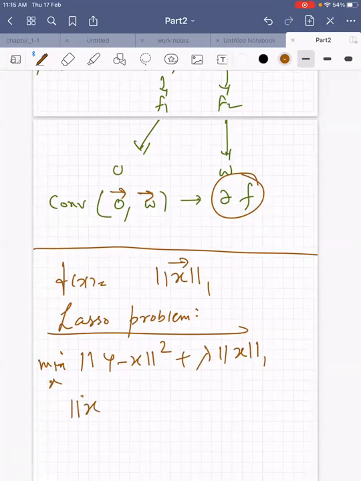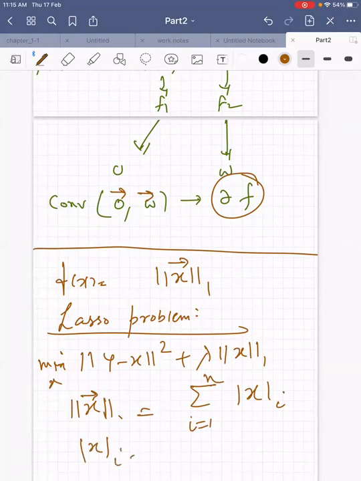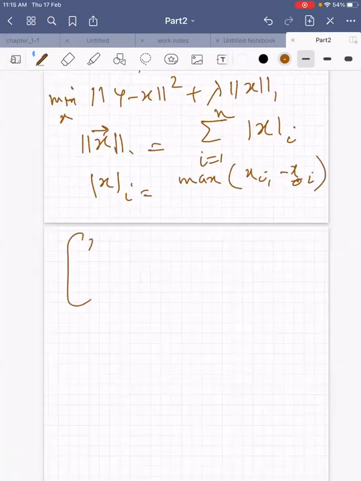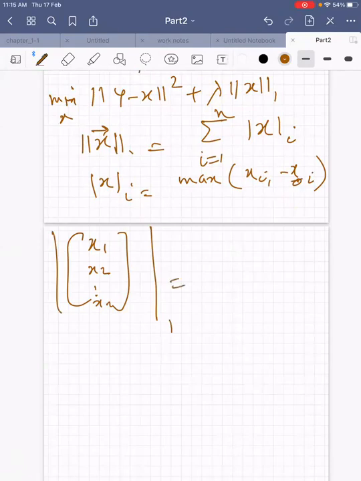The one norm of any vector is basically this guy: the mod of x_i. Basically, this is the max of x_i and minus x_i. If we have a vector x = (x1, x2, up to xn), then the one norm of this is basically the sum of the mod of all of them. Okay, this is the one norm.